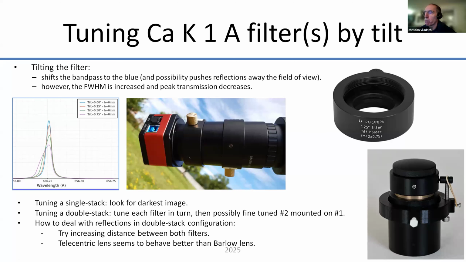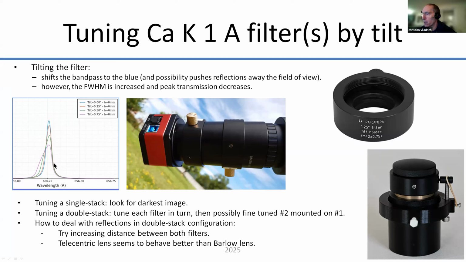The problem, or maybe the limit of it, is that if we tilt the filter too much, the bandpass increases. These are simulations. This is for an H-alpha filter, but basically this is the same for a calcium K filter. Simulations of the profile of the filter depending on the tilt. So in blue, there is no tilt of the filter.